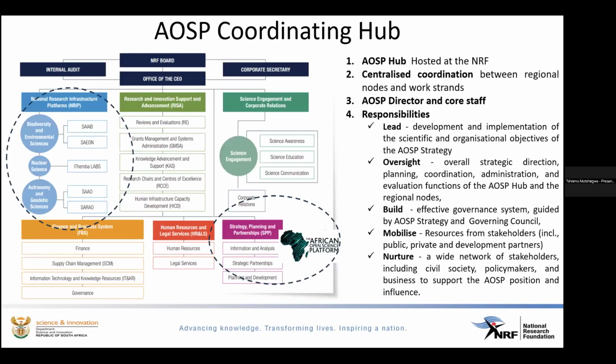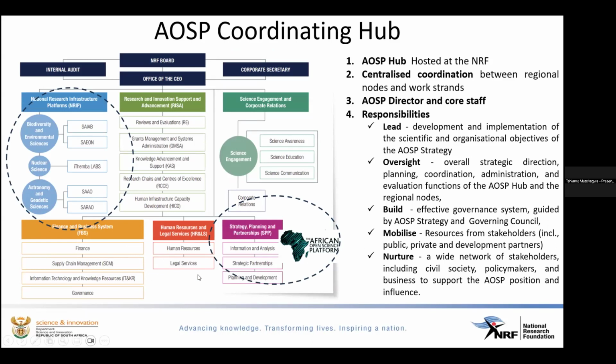In terms of the implementation of AOSP, AOSP has a coordinating hub that is based at the NRF in South Africa. AOSP is hosted in South Africa by virtue of being hosted by the government of South Africa for the duration of the period. And the coordinating hub is based at NRF.